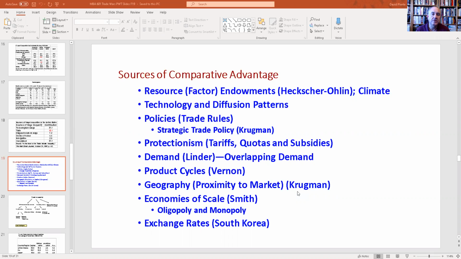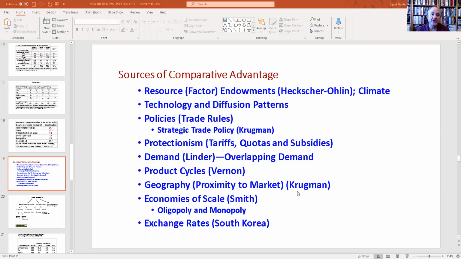And you might want to read the Krugman and Wells section on this as well, because they also have their own factors on this. The standard model is called the Heckscher-Ohlin model, after two economists. And it basically says that what determines the pattern of trade are resource or factor endowments. And this does a pretty good job of explaining trade between very different countries.